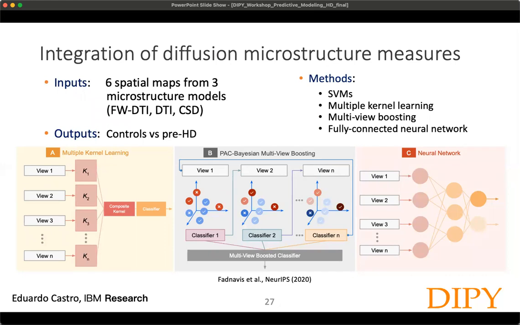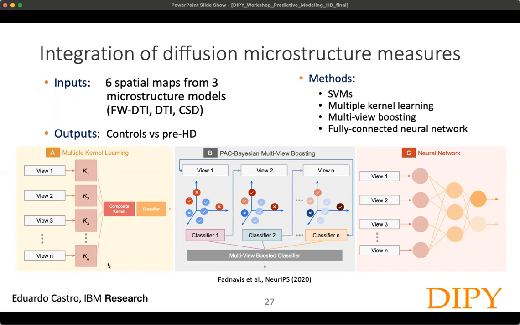And in order to do this, we analyzed 3 different approaches. First of all, we looked at multiple kernel learning, which in the context of this analysis can be thought of as an extension of support vector machines. And why is it an extension? Support vector machines basically have a single kernel for the entire data that is provided to them, whereas in multiple kernel learning, you have 1 kernel per modality.